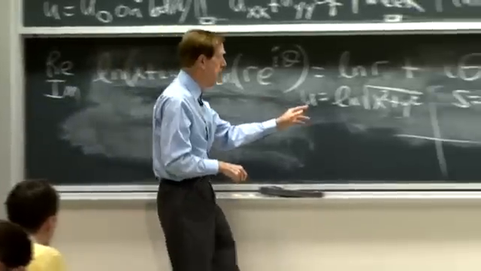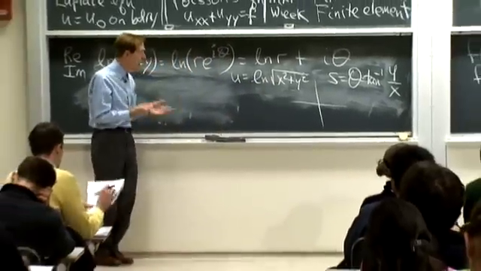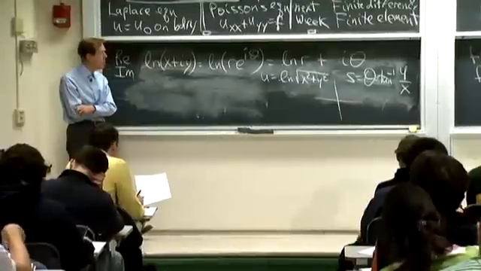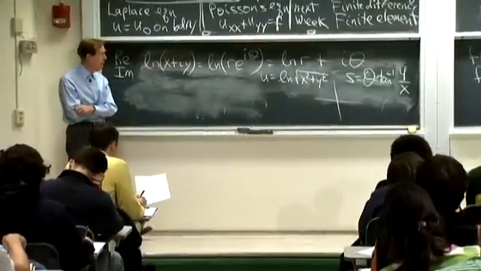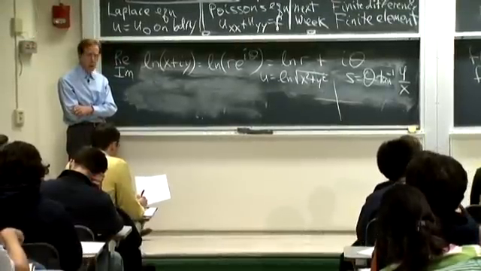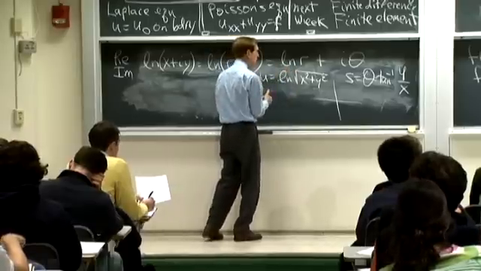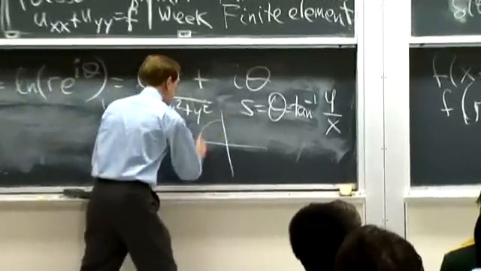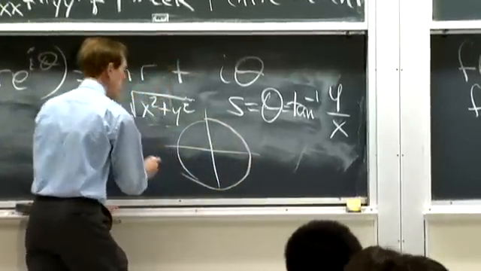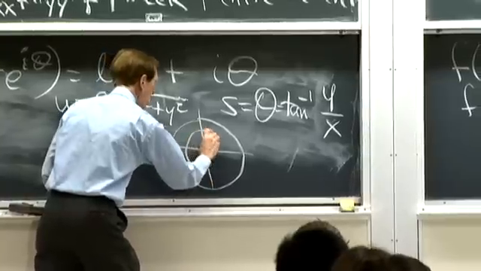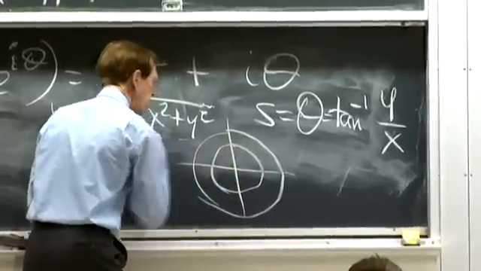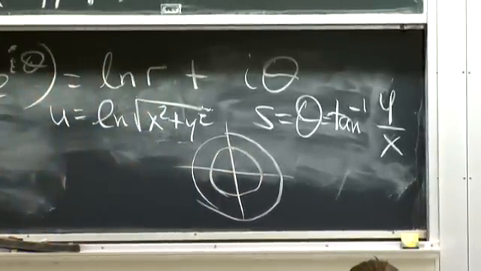So here's the potential function. What are the equipotential curves for that guy? Circles. This is a constant when r is a constant. So the equipotential curves would be circles. I don't want to draw that circle with radius 0, though. I'm nervous about that one.